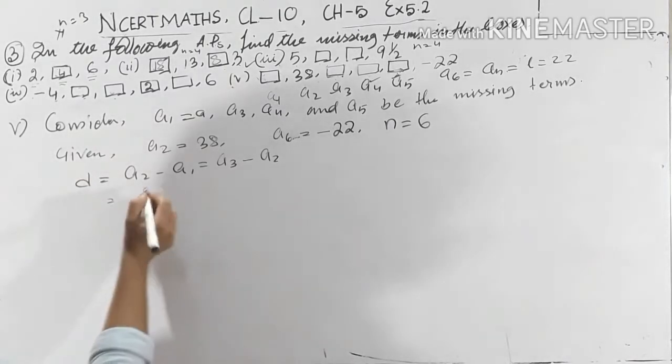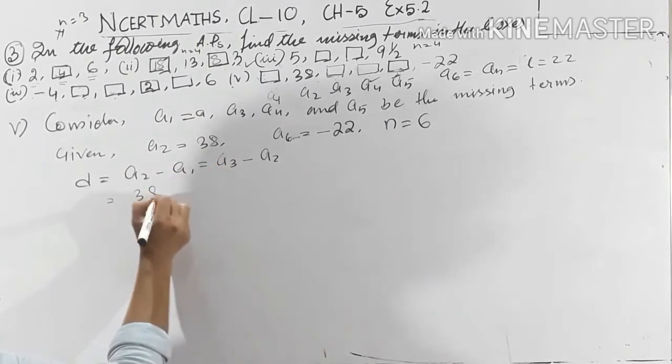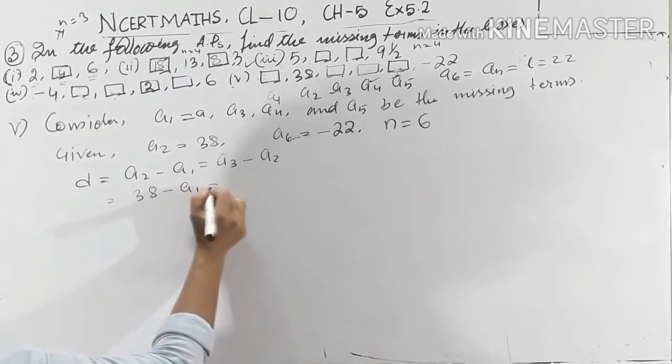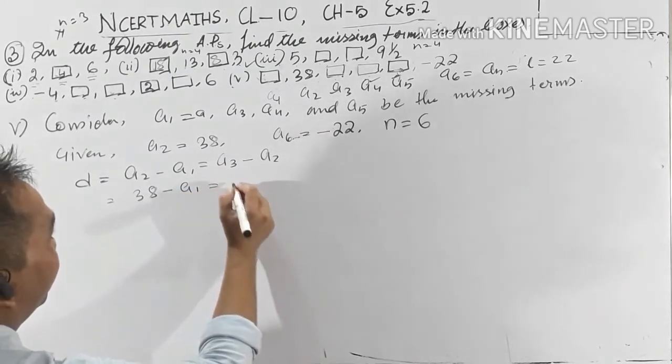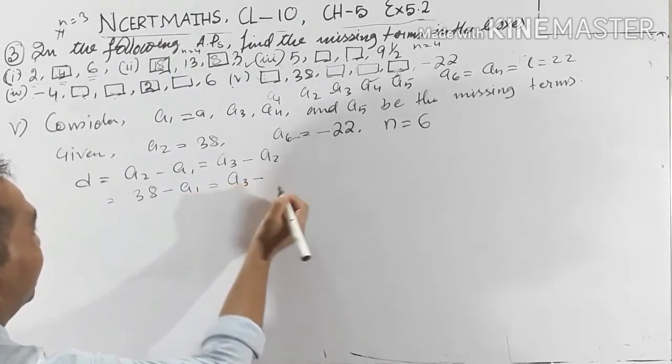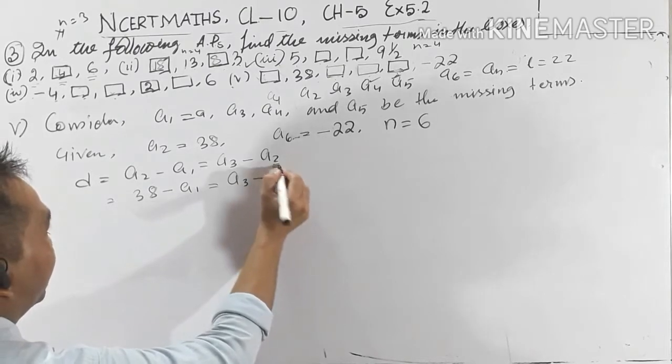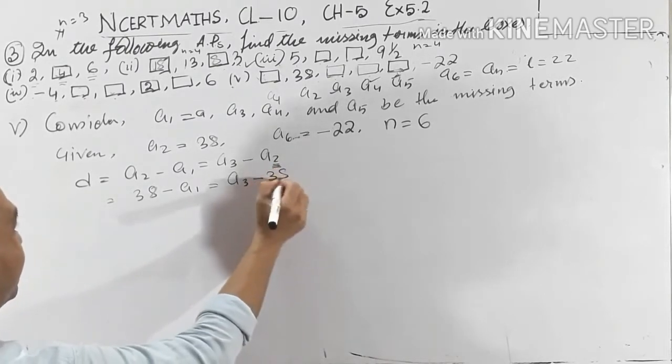And then A2 is 38 minus A1, right? And A3 is not given. A3 minus A2, where A2 equals 38, right?